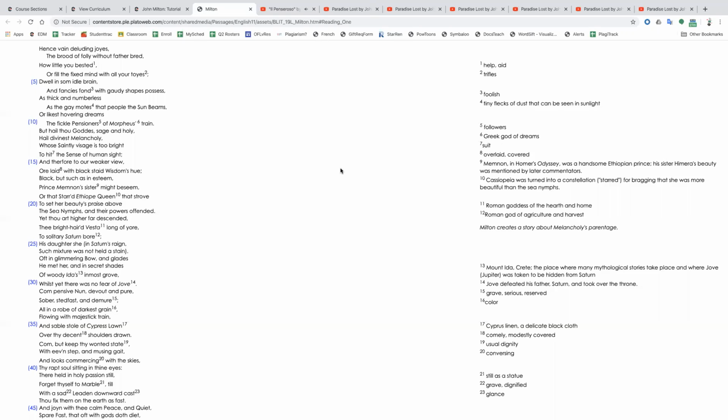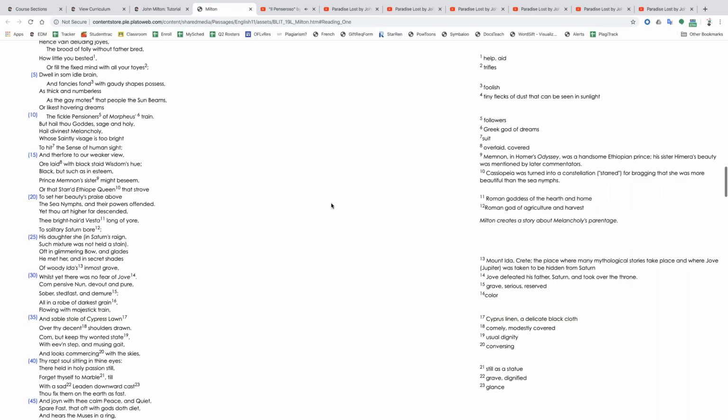Black, but such as in esteem Prince Memnon's sister might beseem, or that starred Ethiop queen that strove to set her beauty's praise above the sea nymphs and their powers offended. Yet thou art higher far descended, thee bright-haired Vesta long of yore to solitary Saturn bore; his daughter she, in Saturn's reign, such mixture was not held a stain.